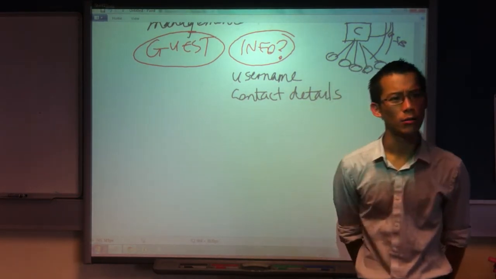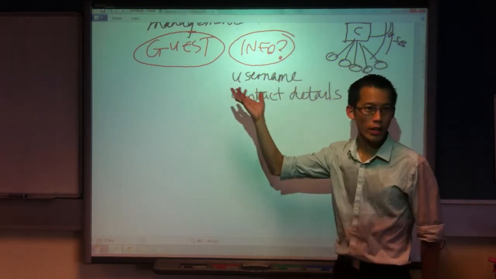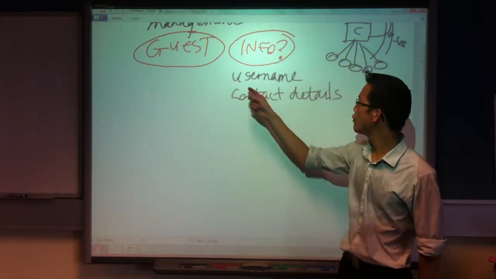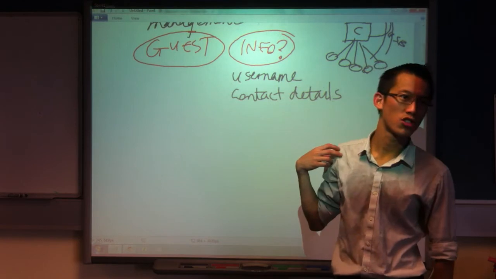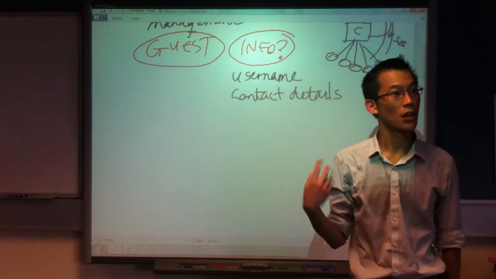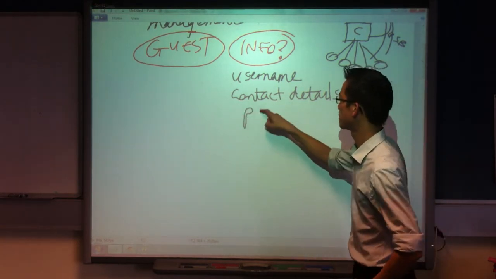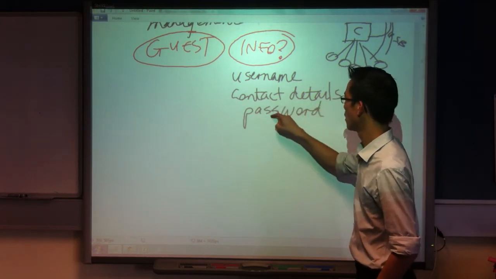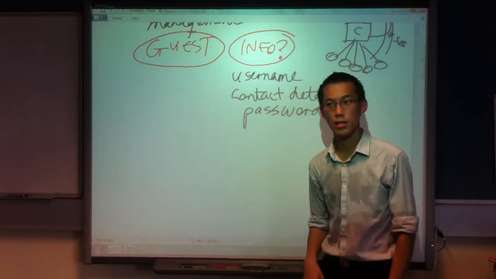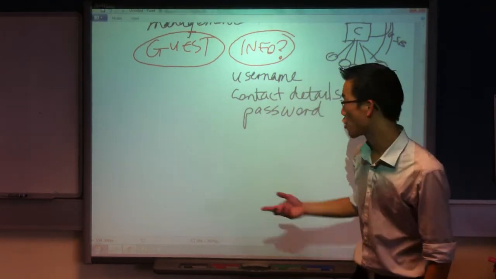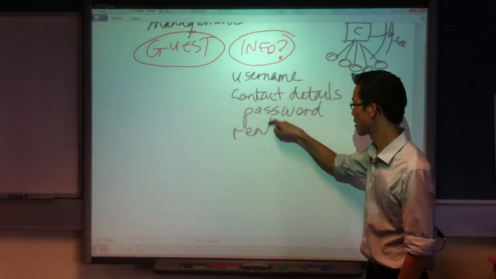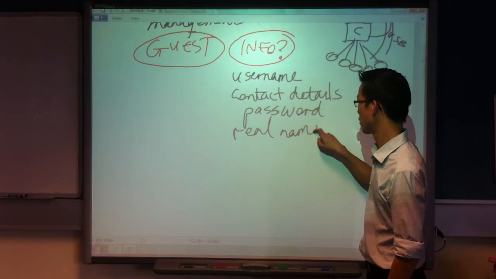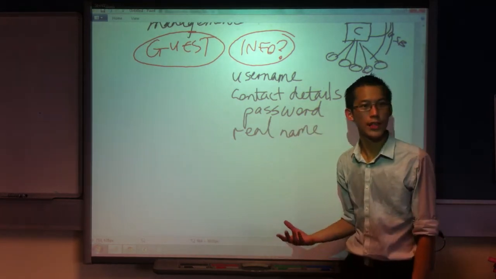How is this account, or how's the network, going to distinguish you and your username from someone else, and stop someone else from using yours? A password. Thank you. Sometimes another thing that you might provide is, say, your real name. Not all accounts are going to ask for that, but a lot do.